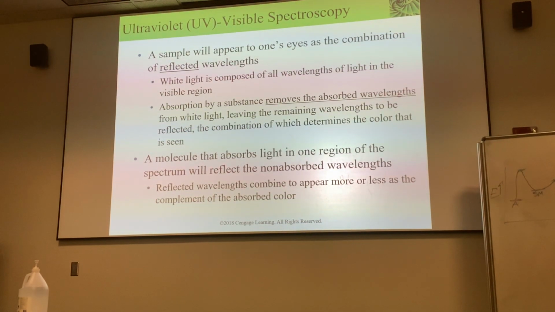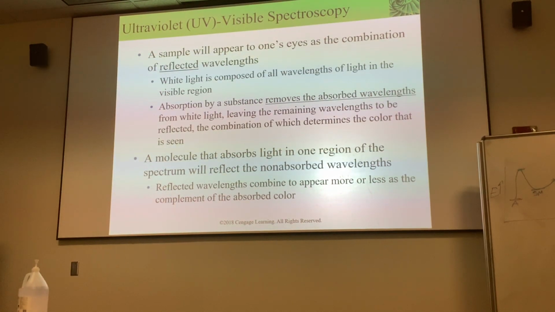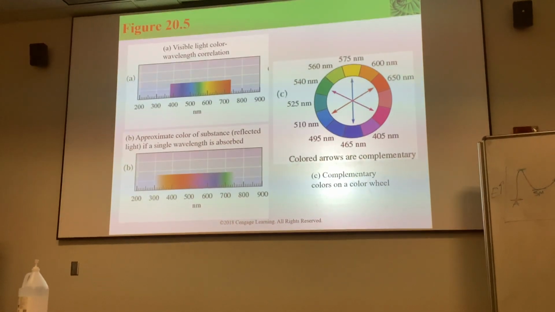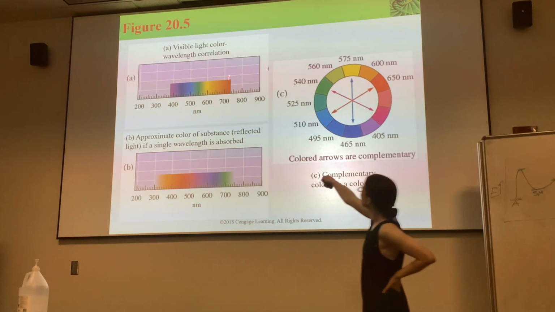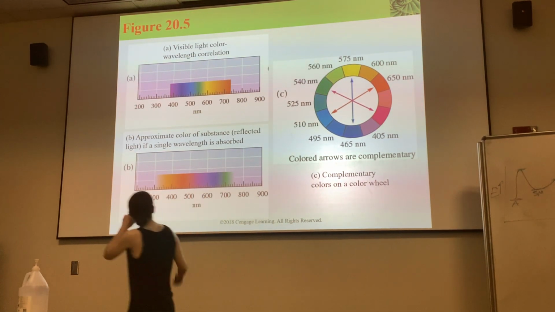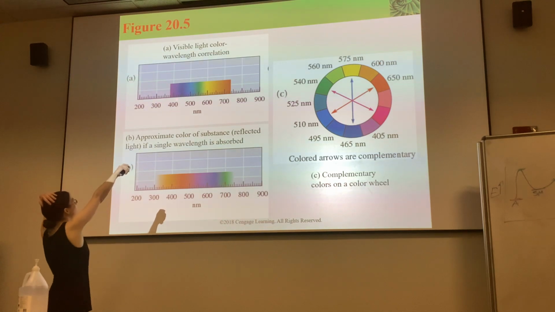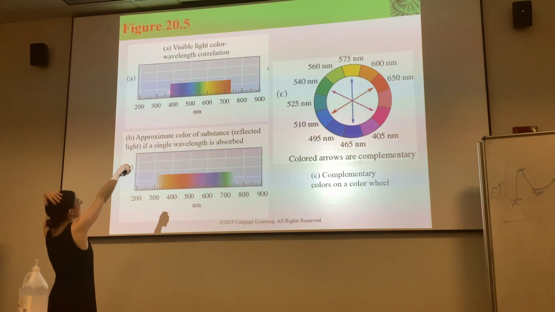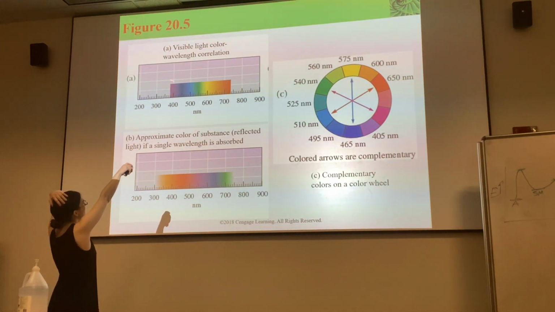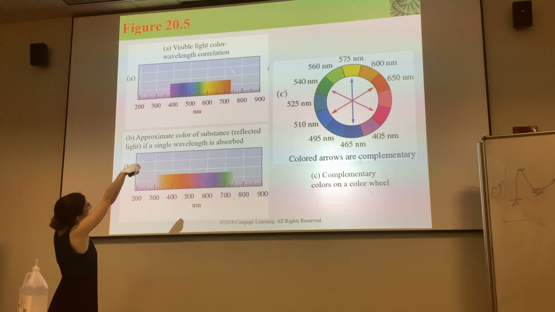Okay, the light that you see is the combination of the reflected wavelengths. So we see around 400 nanometer light, in that general area, and it looks purple to us.